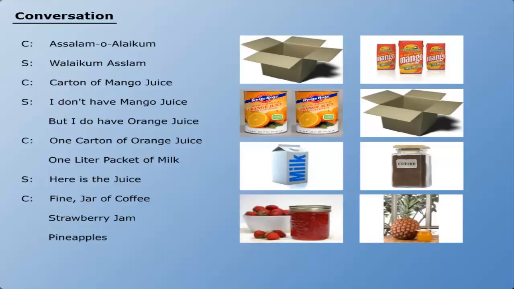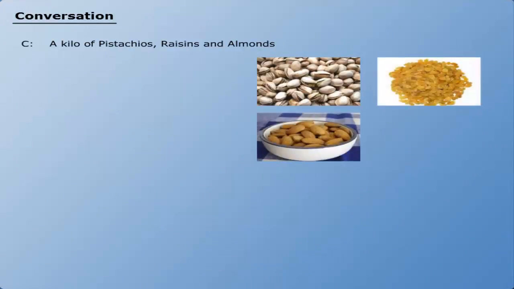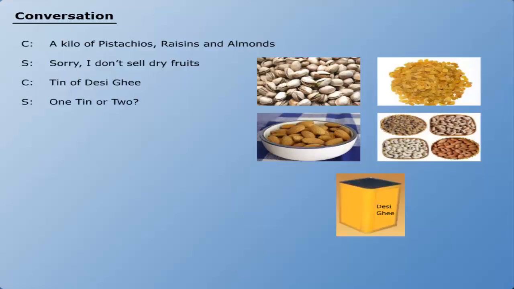Sure, 1 minute. Here they are. Anything else? Could you also give me a kilo of pistachios, raisins, and almonds? Sorry, I don't sell dry fruits. Well, that is about it. Oh yes, could you please also give me a tin of desi ghee? Of course. 1 tin or 2? 1 large tin. Here is your grocery. Thank you for coming. Thank you so much.